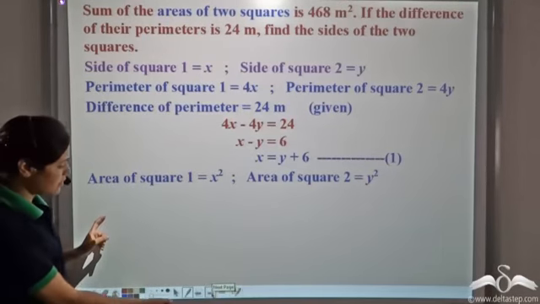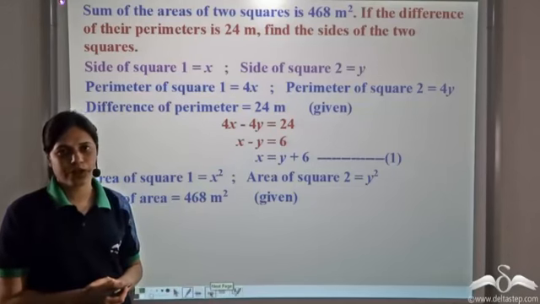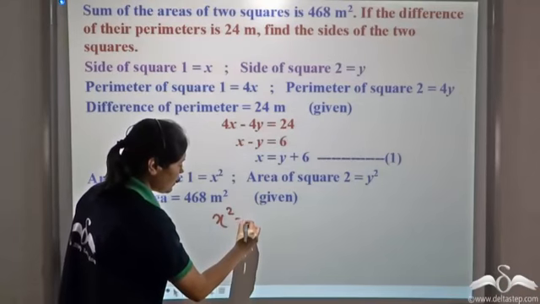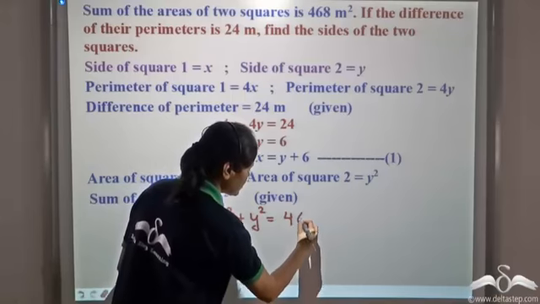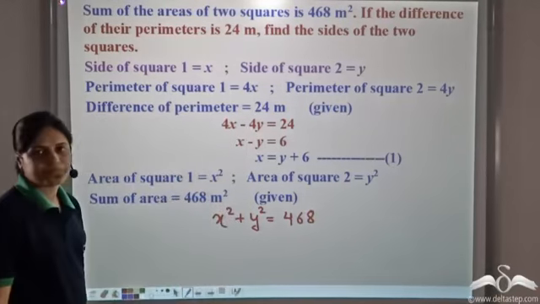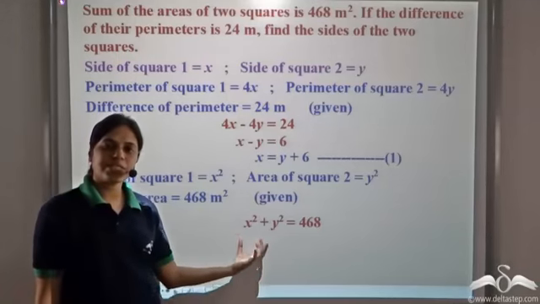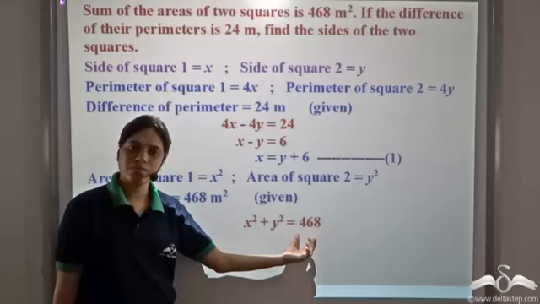And it is given that the sum of the areas is 468 meters square. That is x square plus y square is equal to 468. So we have represented our variables in terms of what is given to us.